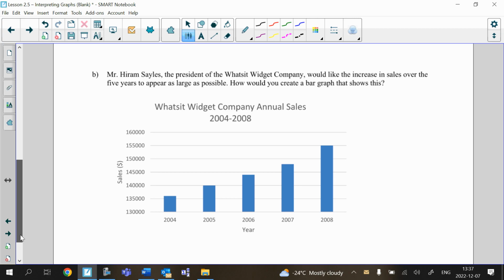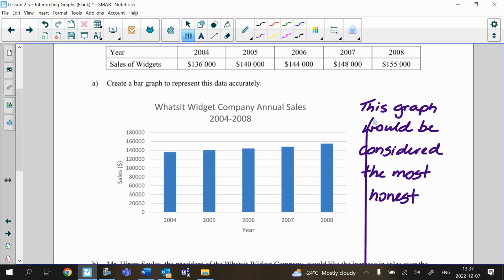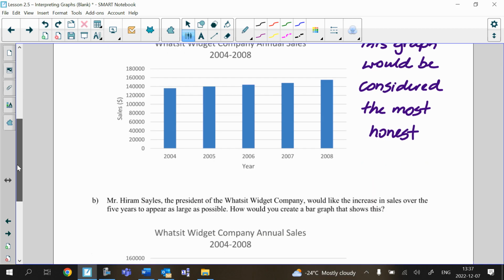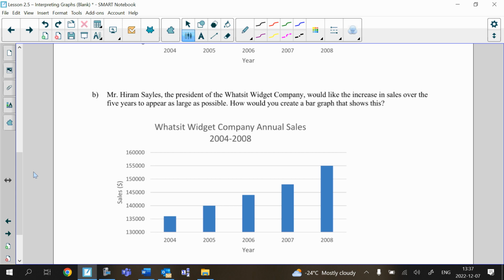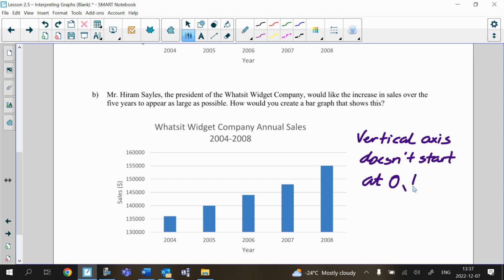So the vertical axis doesn't start at 0, but at a value close to the lowest data value.